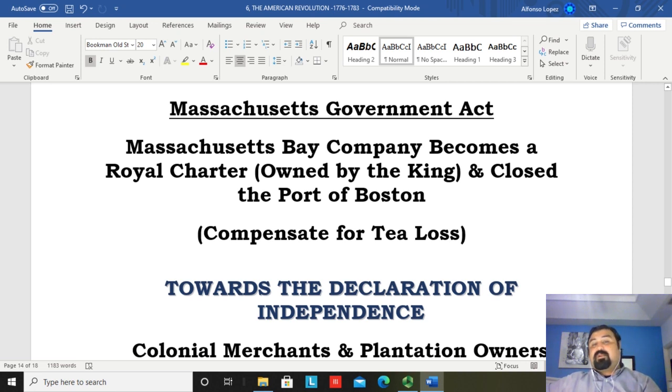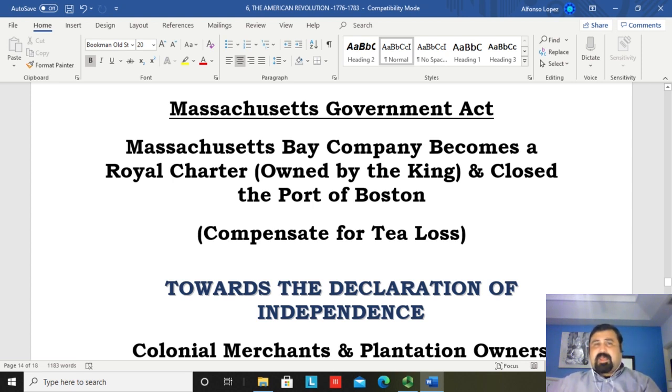And of course, the port of Boston was closed as well, so Boston cannot trade with the outside now, because what the Coercive Acts did was that Massachusetts is not going to trade anymore. They're not going to export any products or import any products until Massachusetts pays the East India Company for all the tea that they destroyed.